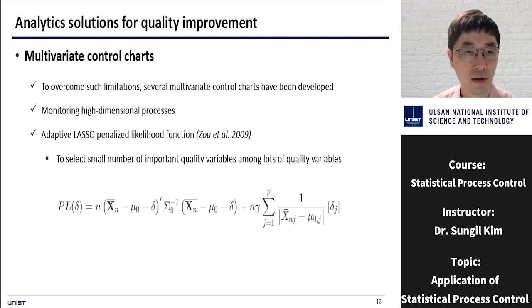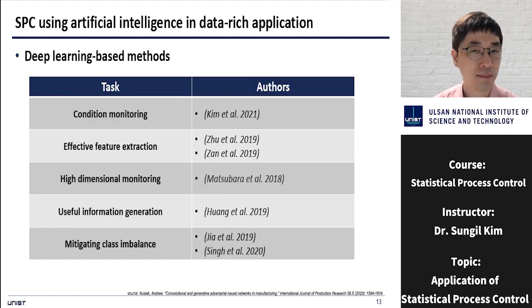For example, this paper considered the adaptive lasso penalized likelihood function to select a small number of important quality variables among many. In recent years, many deep learning-based methods have been developed, and there were attempts to enhance SPC to be more effective and efficient for process monitoring in data-rich applications.